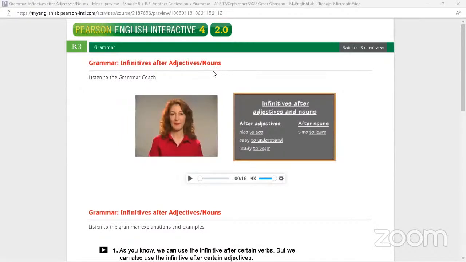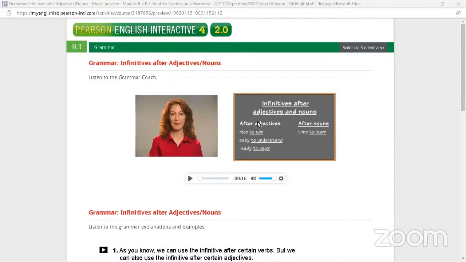Okay, so infinitives after adjectives and nouns. What's an infinitive? When you see "to". Adjectives, remember, describe a noun. So you have infinitives after adjectives and nouns.